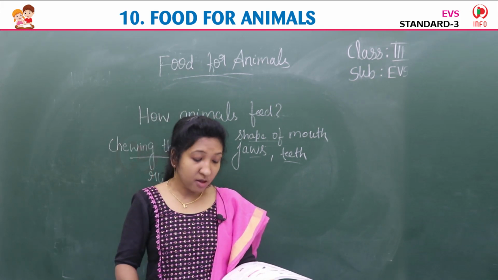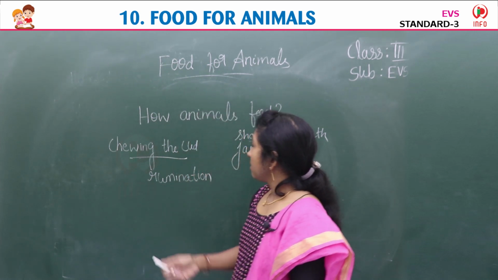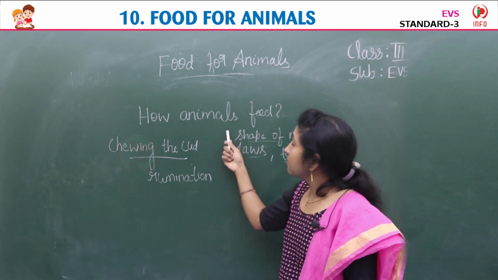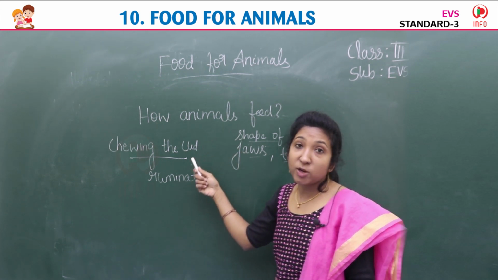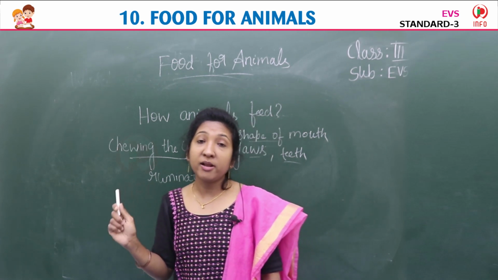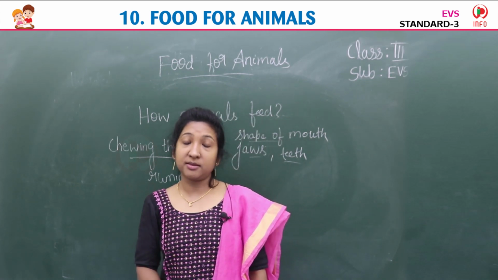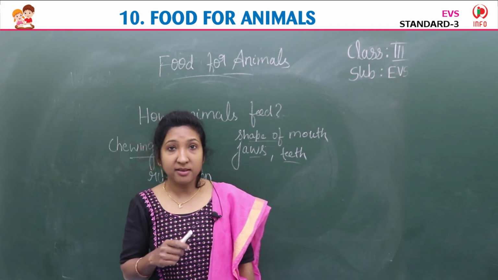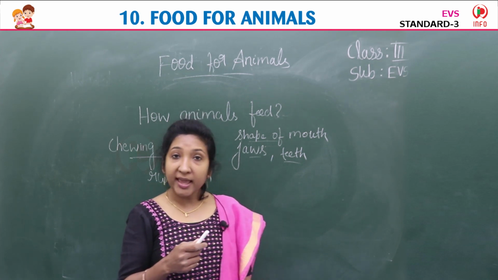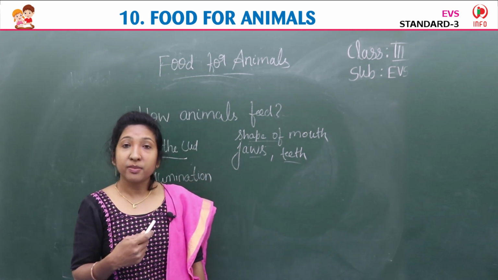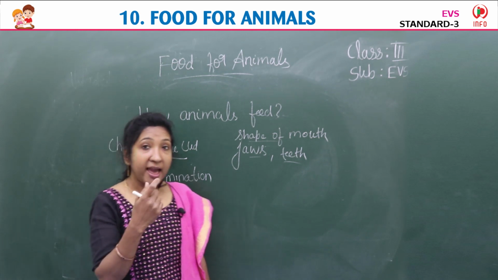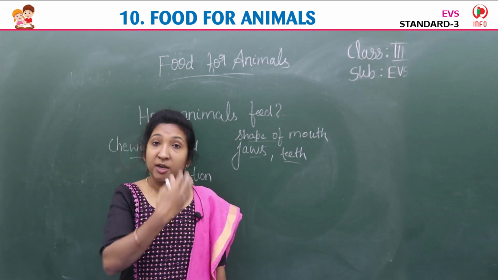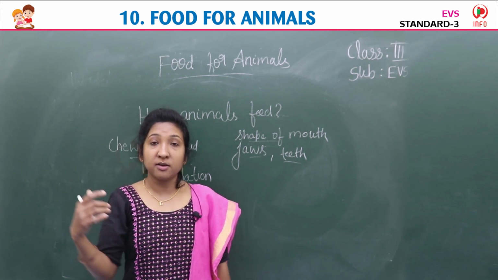So chewing the cud is the first way animals eat food. Which kind of animals? Herbivores, or plant-eating animals. Those who eat only plants are called plant-eating animals. How do they eat the food? They have two types of teeth in the mouth. The front part has sharp, broad, biting teeth.